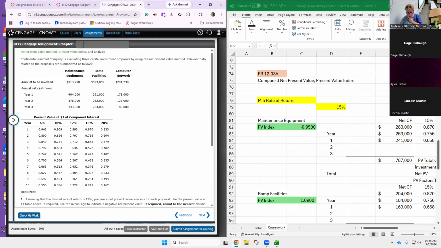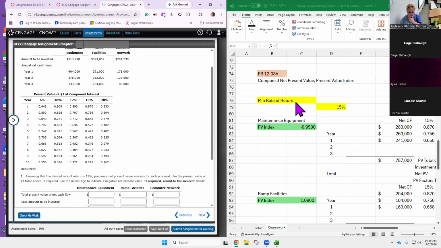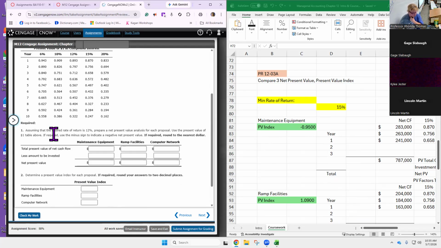Okay. So here's where I'm at. Go down here. The very first thing I like to find most of the time is their minimal rate of return, because they're going to have to tell me that somewhere. And it has to be the same for all the projects, because that's the only way you're going to be able to compare it using this table.